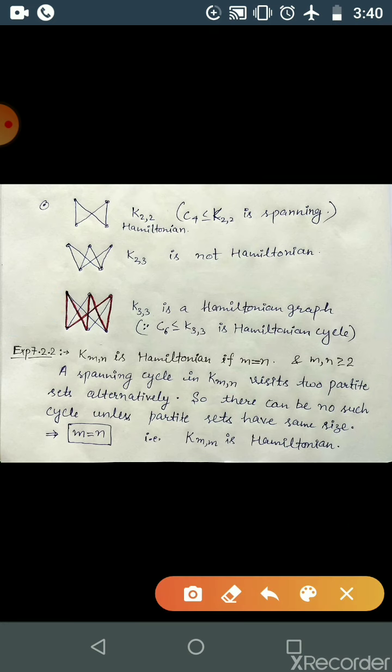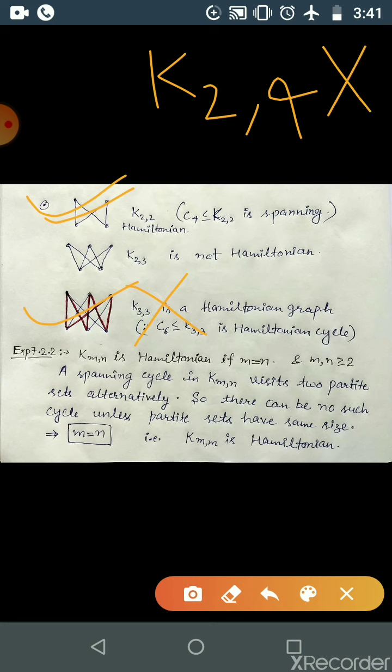Here what I did, you can start from one vertex, go to this one, then it can be like this and this one, correct? So this is also C6. The aim should be to find C6 whenever 6 vertices are there in the graph. Okay, so K33 is Hamiltonian, K22 is Hamiltonian, K22 was Eulerian also, and K33 was not Eulerian. Okay, and K24 is not Hamiltonian but Eulerian.